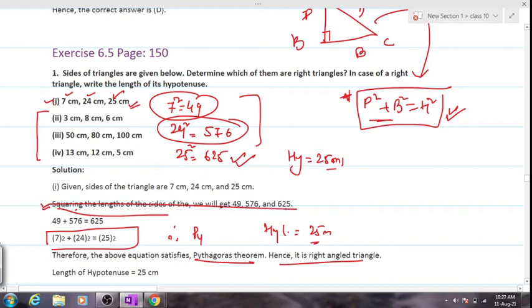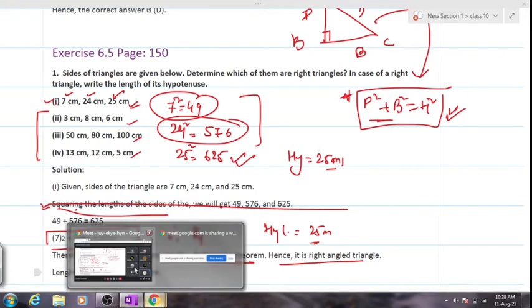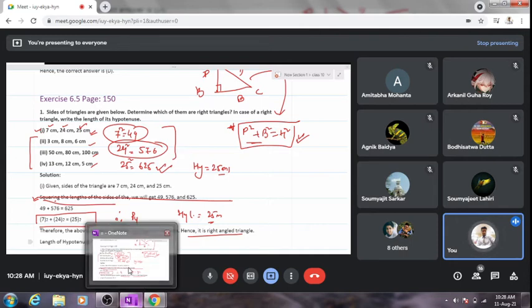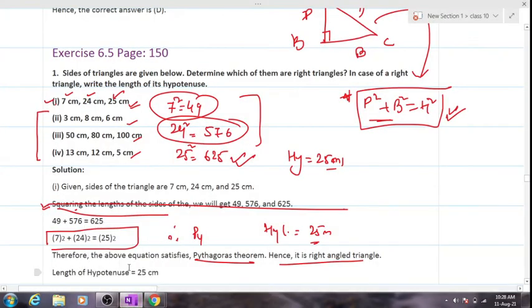You don't have to write the entire thing. Okay. Similarly, I would expect you to do second, third and fourth right away. Write in the chat box that which of these are forming a right angle triangle.